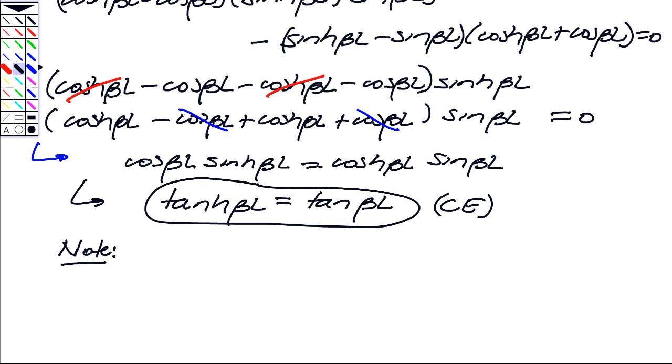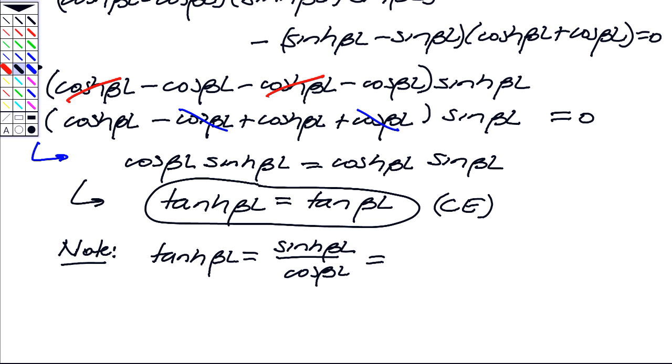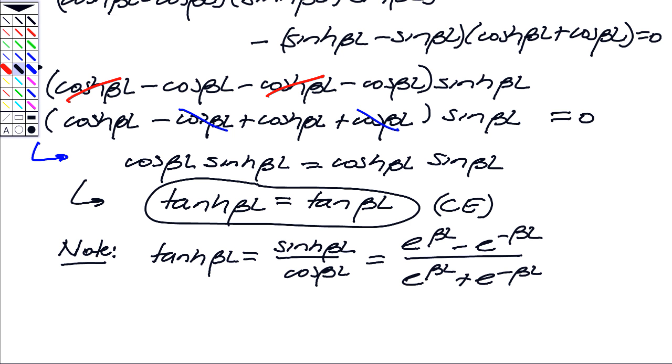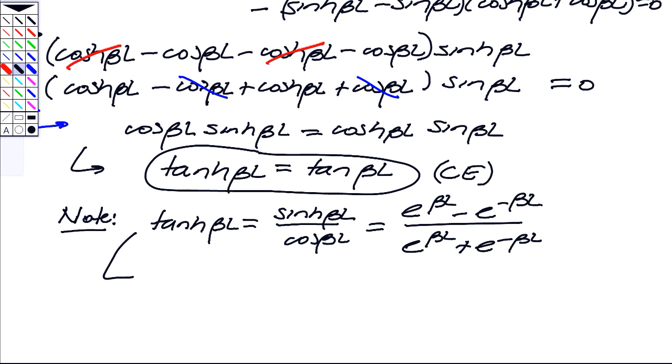So to help us with this sketch, recall that hyperbolic tan, which is defined as a sinh divided by cosh, that becomes e^(beta L) minus e^(minus beta L) divided by e^(beta L) plus e^(minus beta L). So the conclusions that we draw from this is that the hyperbolic tan at beta L equal to 0 is 0.